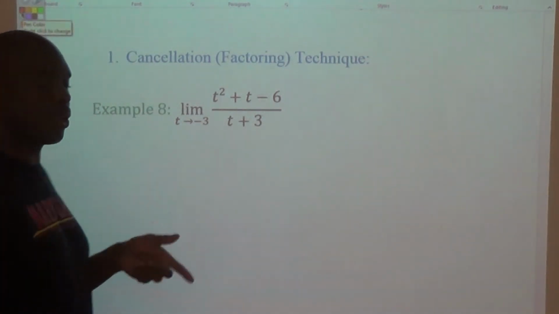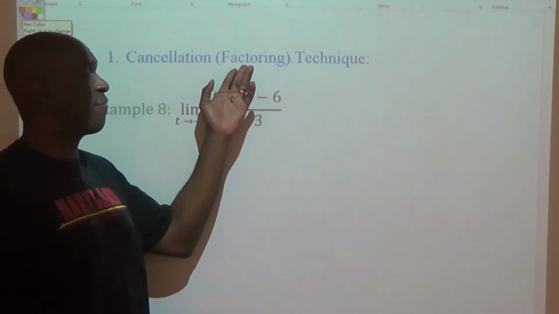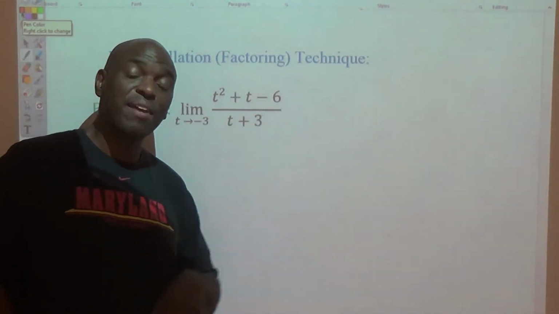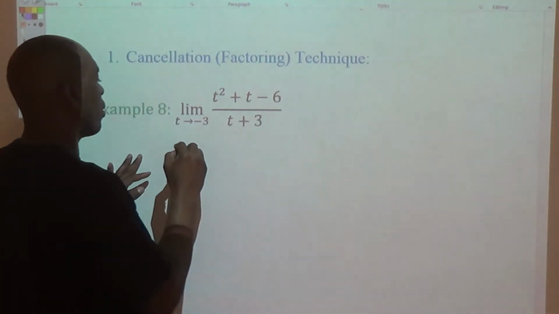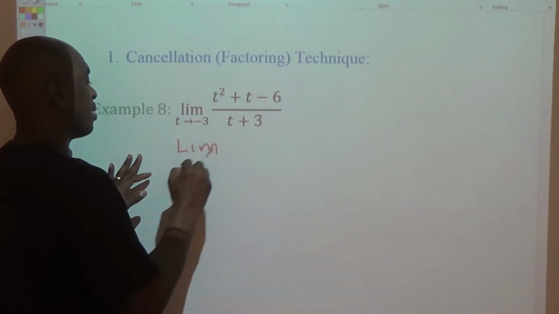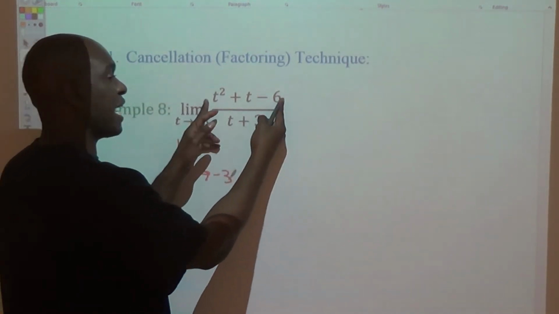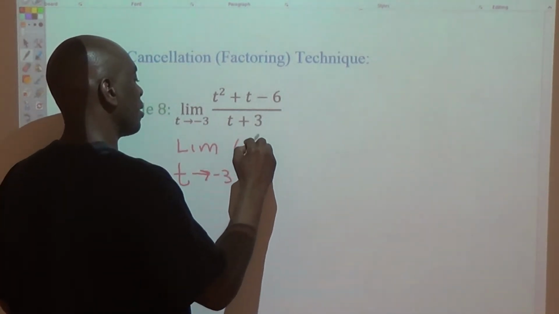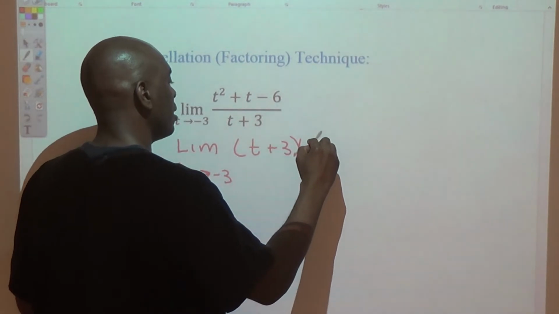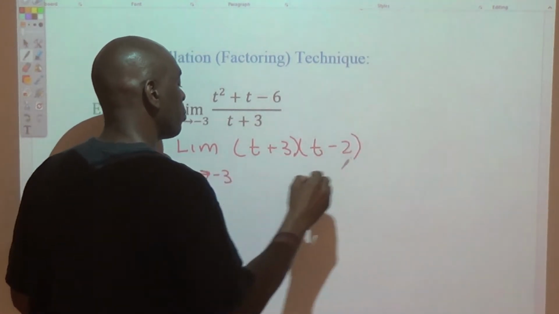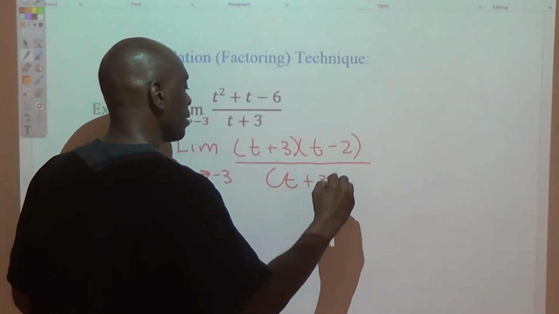The cancellation or factoring technique. So what we have to do in this case, we have to factor the numerator. So we're going to have the limit as t approaches -3 of factor the numerator: t plus 3 times t minus 2 all over t plus 3.